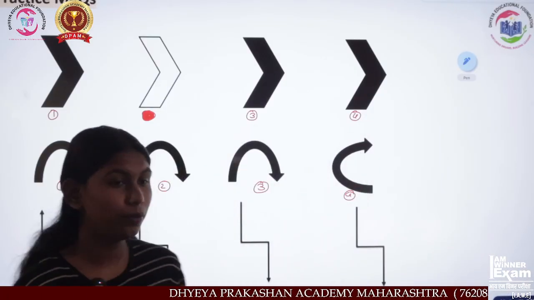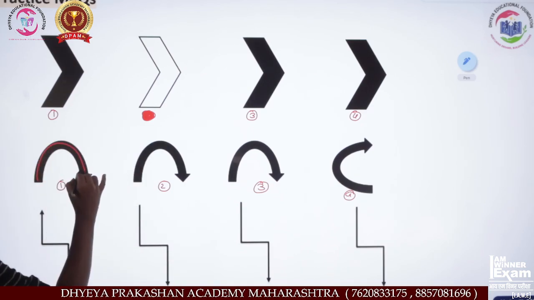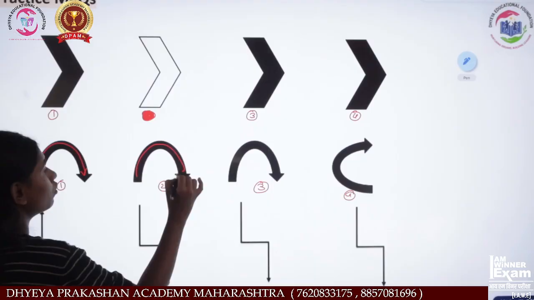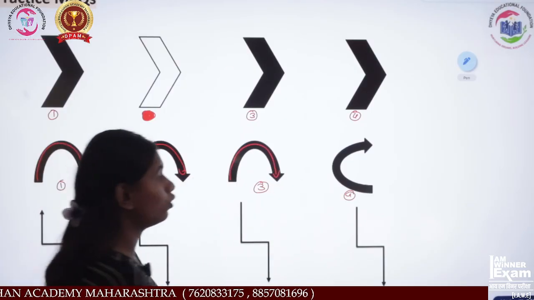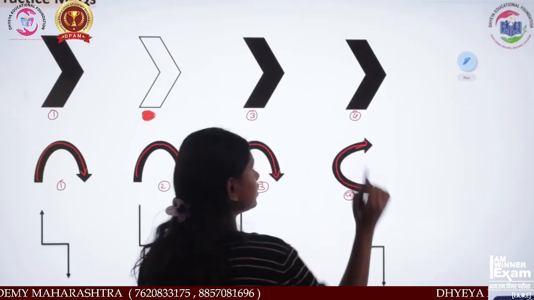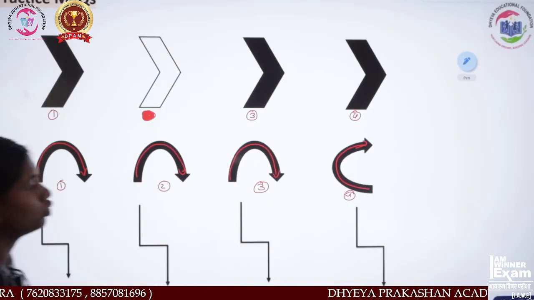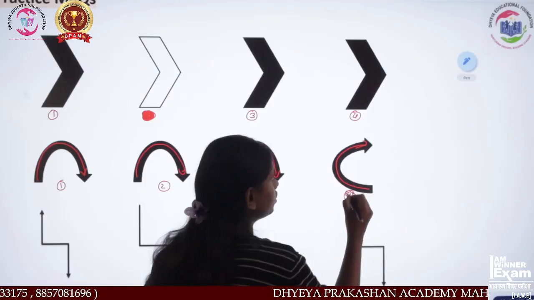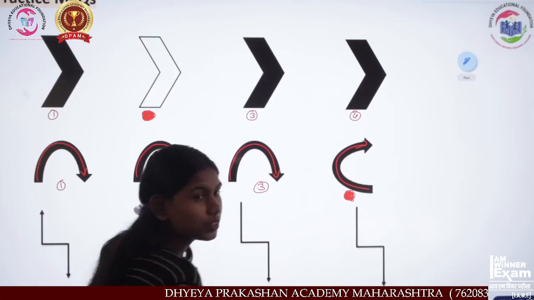Now why is figure number 4 different? Because all the arrows are downwards, but the fourth arrow is on the right side, on the other side. So the fourth one is different, so you have to color the fourth circle.